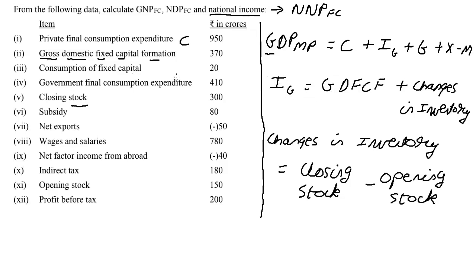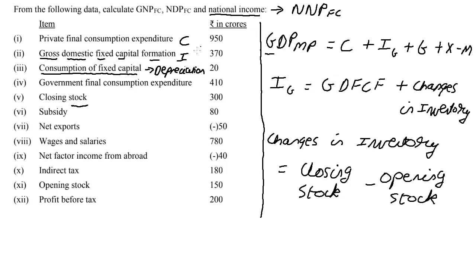So what we have over here corresponds to I. Now we have a line item called consumption of fixed capital. Always remember, unnecessarily so many words are being used. At the end of the day, this is nothing but depreciation.